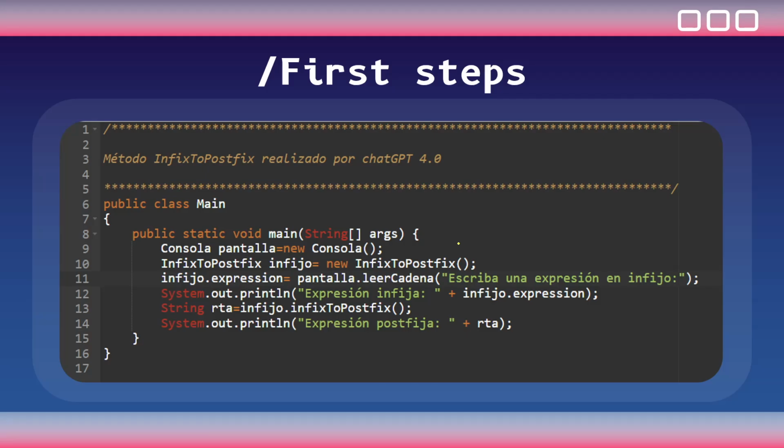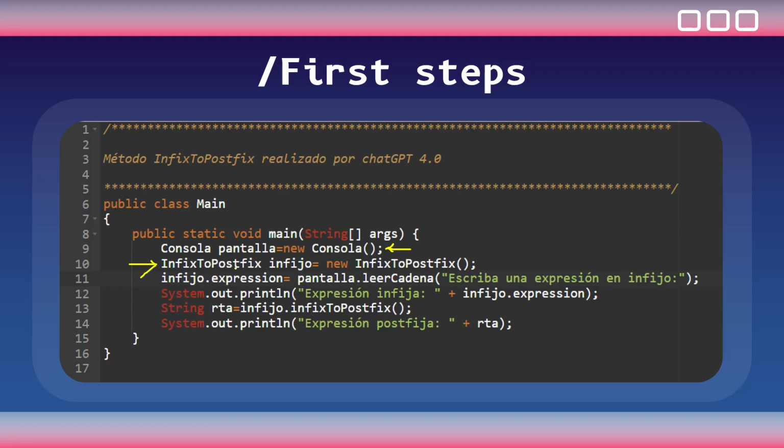The console class in this case doesn't matter. It's just a scanner that will read our expression and will send it to the other methods. So the important class here is this infix to postfix. This object will operate on our expression, and one of its methods will return the result.